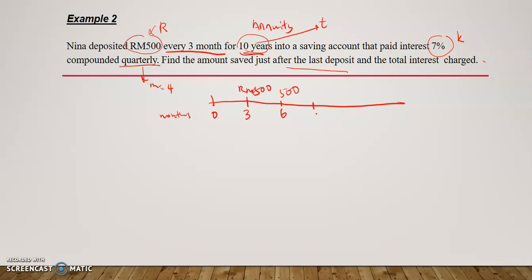The next investment is on the 9th month, 500 ringgit. Until the last investment, which is on this month, because this investment is for 10 years. The last investment, also 500 ringgit, is made on this month.